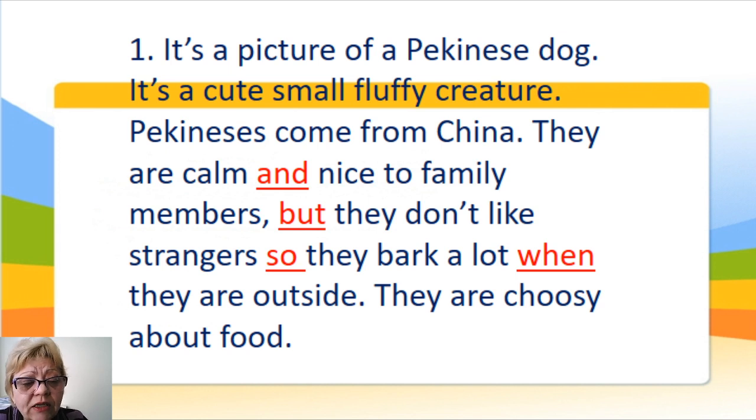К членам семьи теперь у нас контраст идет. Compare, но. Контраст такой. Но they don't like strangers. Им не нравятся незнакомые люди. И дальше у нас идет consequences, последствия, вследствие этого, что они не любят незнакомцев. So, да? Поэтому they bark a lot, много гавкают. И время, добавляем время, time, when they are outside, когда они на прогулке. They are choosy about food, choosy, ну, они очень разборчивы, привередливы в еде.